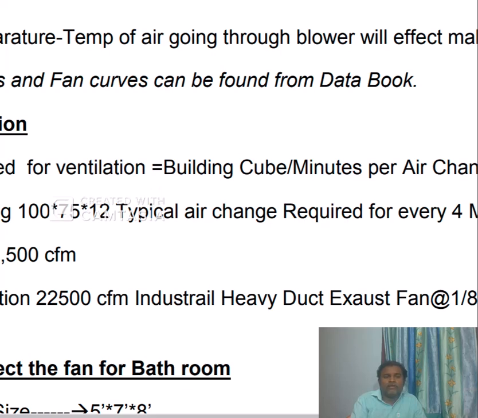So how to find the fan, how to do the fan selection? The CFM required for building ventilation is equal to the building cubic volume times air changes. See, this building has dimensions 10, 7, 12. The total air changes required is 4. So dividing this by 4, you will get 22,500 CFM.